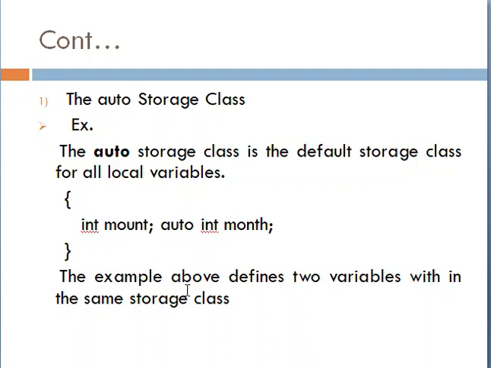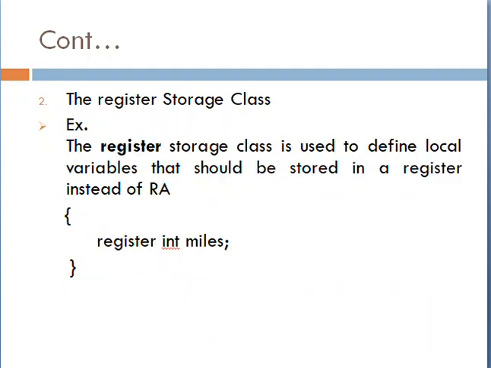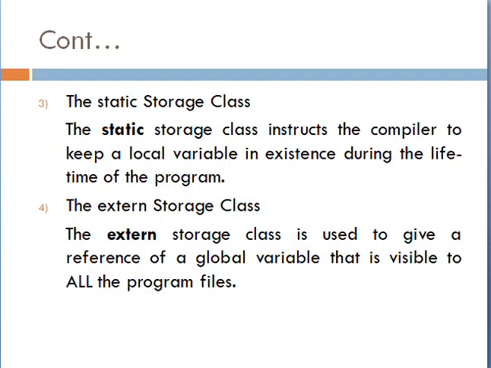The example above defines two variables within the same storage class. The register storage class is used to define local variables that should be stored in a register instead of RAM. Similarly for the static storage class and the external storage class.